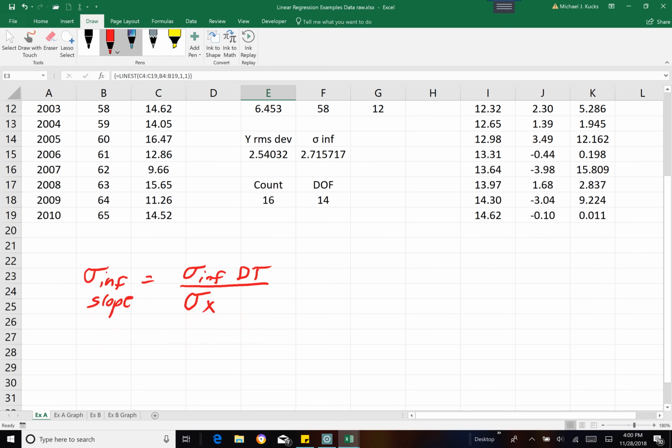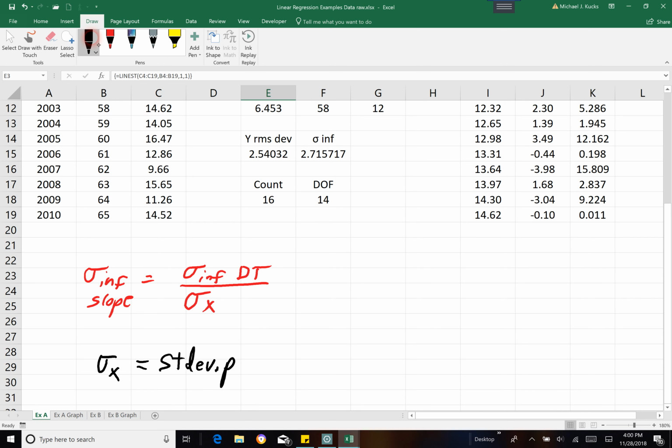And in order to calculate that, it's really not that bad. The standard deviation of the x values is going to be calculated using the stdev.p command in Excel.